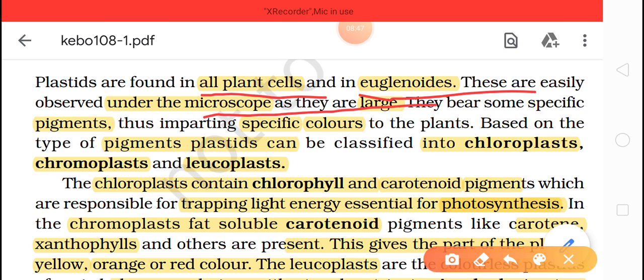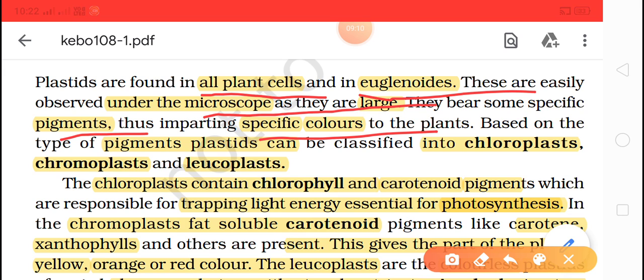It can be easily visible without a stain under the microscope. It bears some specific pigments, thus imparting specific colors to the plants, like green color, yellow color, red color. We'll discuss this also.